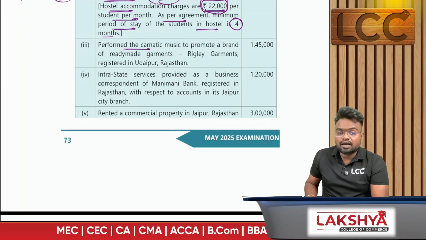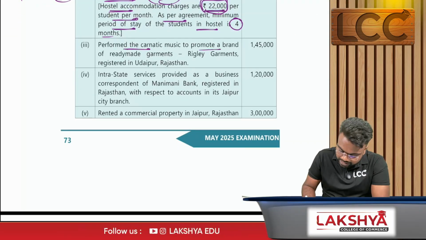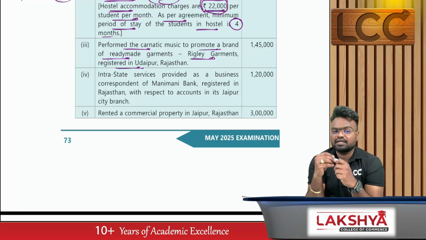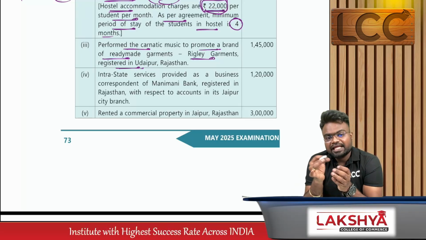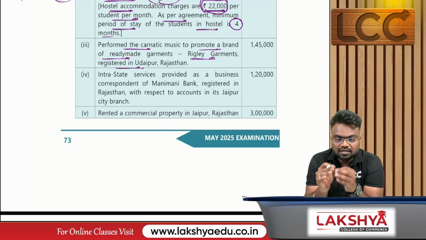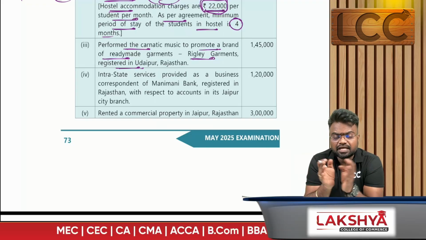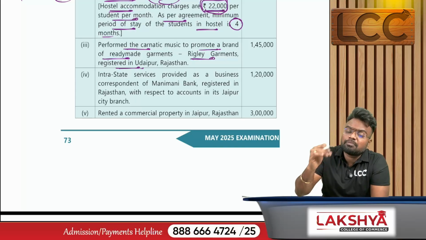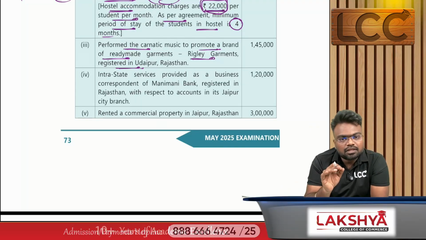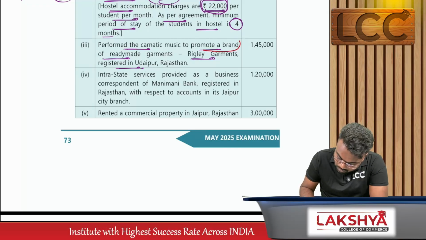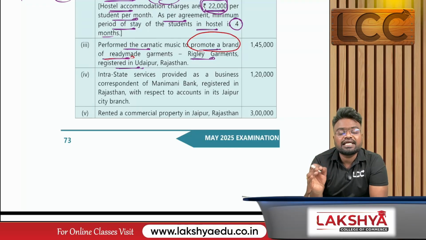Next, performed the Carnatic music to promote a brand of ready-made garments, Wrigley Garments, registered in Udaipur, Rajasthan. So generally, any performance which is related to Carnatic music is exempted under GST. However, if such performance is related to promotion of any brand, then no exemption is available. In the given case, it is to promote a brand, hence GST is levied.